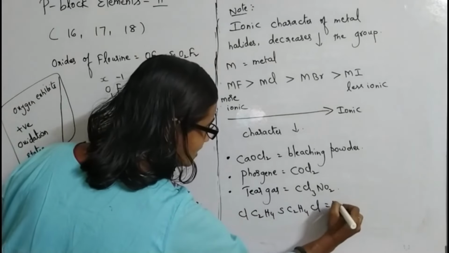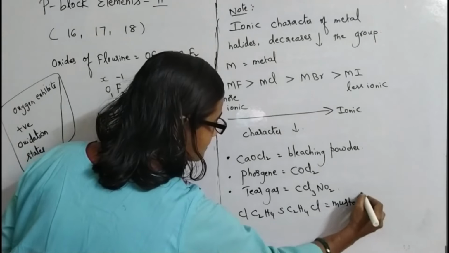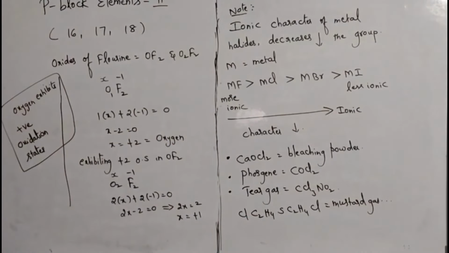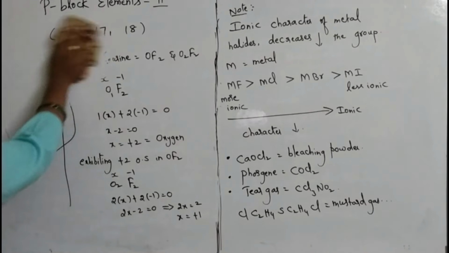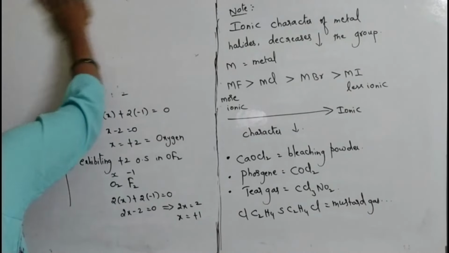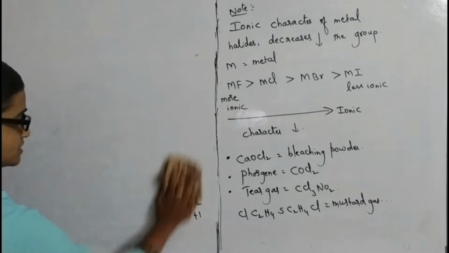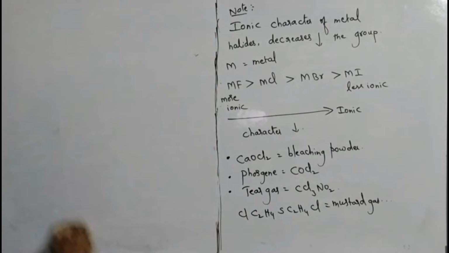This is called mustard gas. Like that, certain important gaseous substances are formed with chlorine. Just go through them, and also the preparation and properties of certain compounds of chlorine.